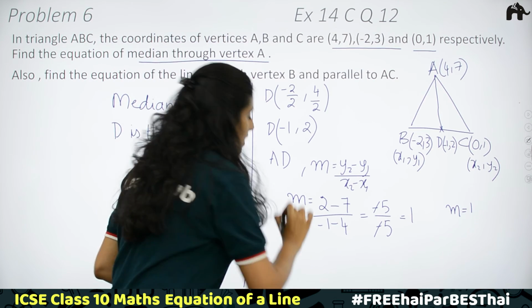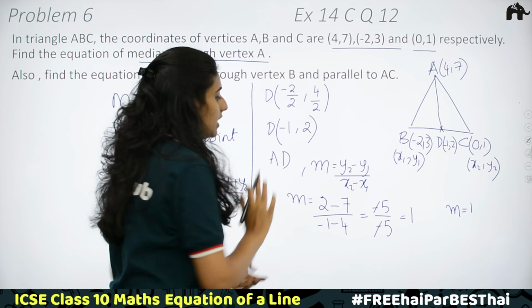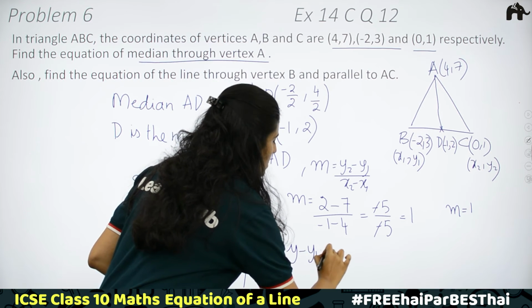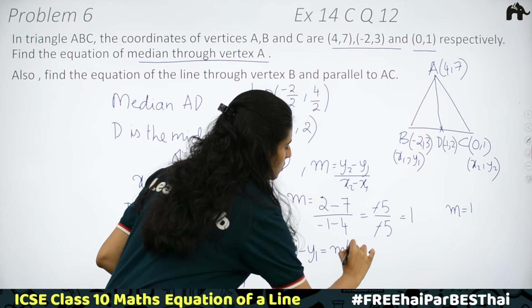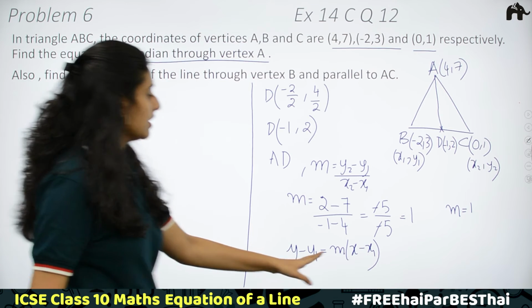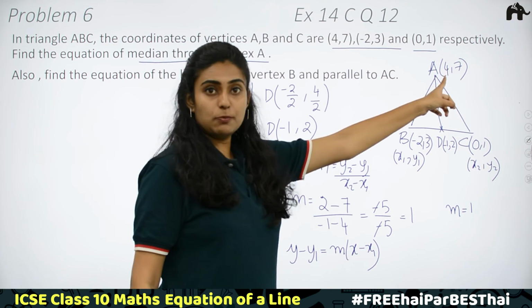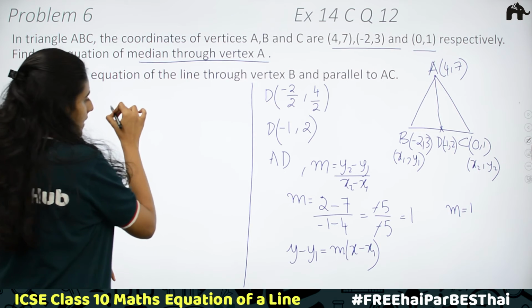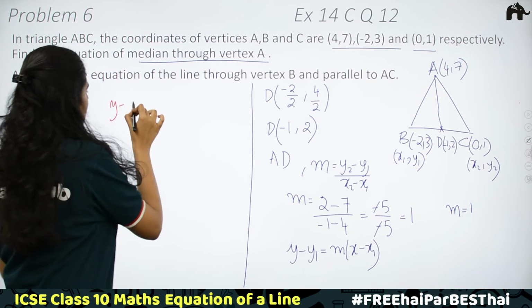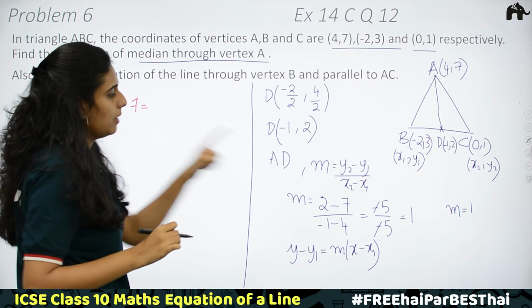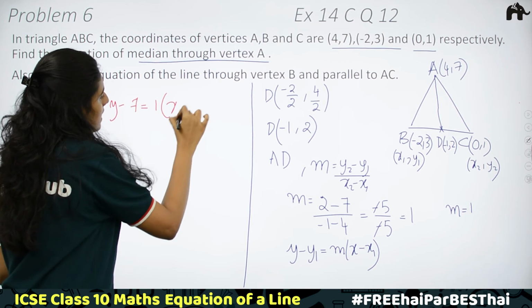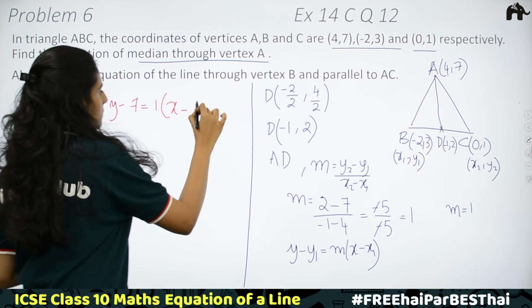We got the slope. Here we have the point-slope form to find the equation of the line, that is y minus y1 is equal to m into x minus x1. Substitute the values here, taking the point A: y minus 7 is equal to m value 1 into x minus 4.